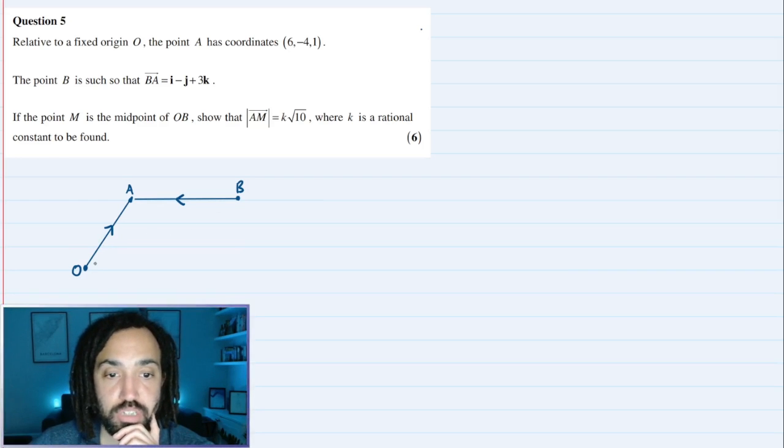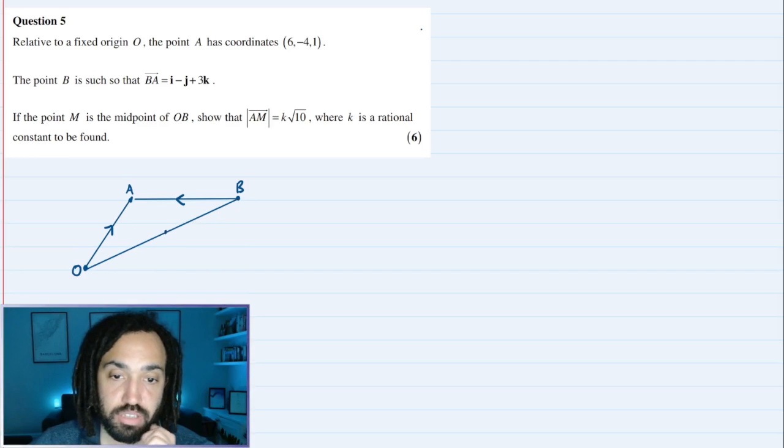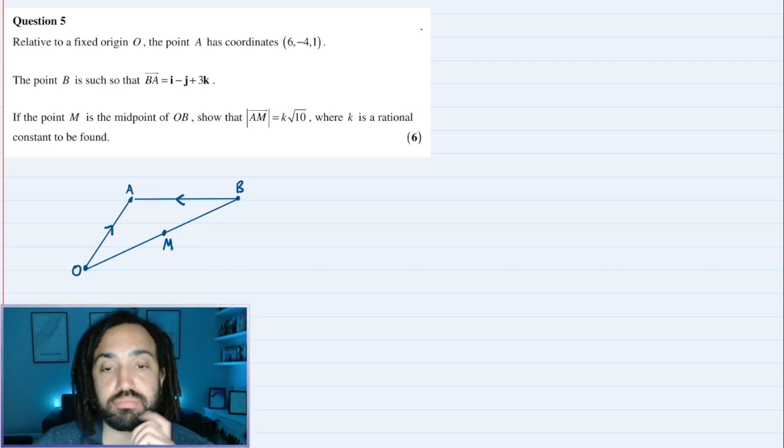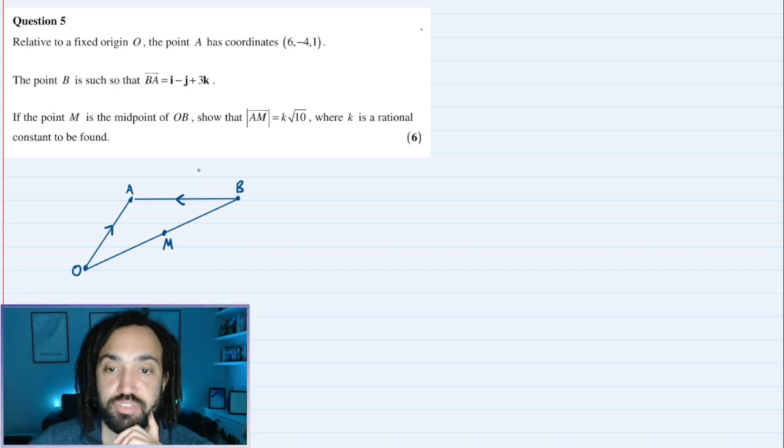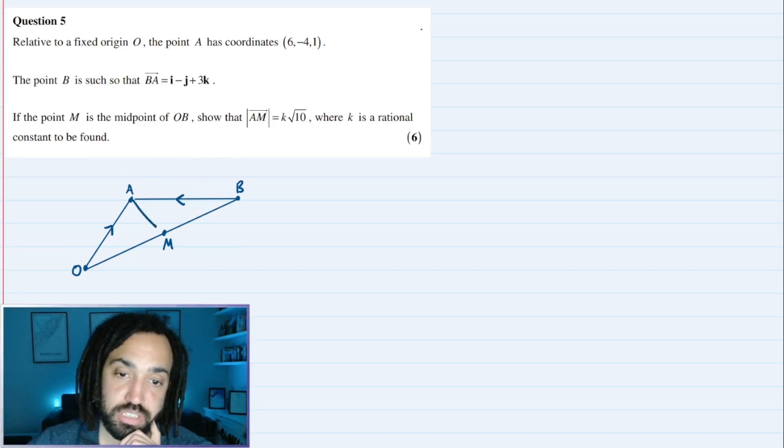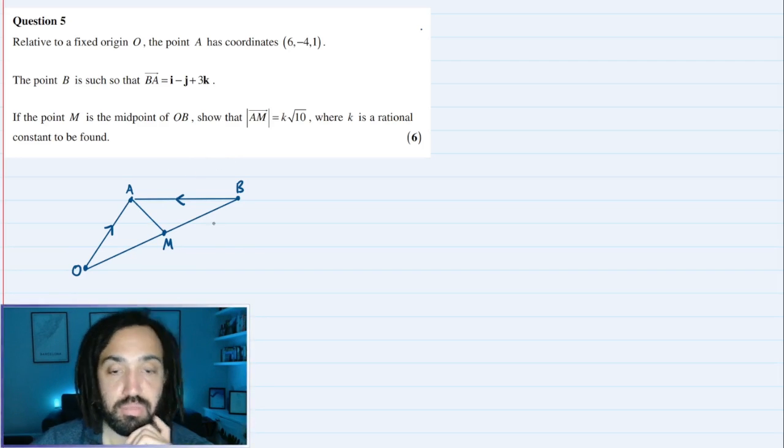And we're talking about M being the midpoint of OB, so that would be right here, and it says find the distance A to M.